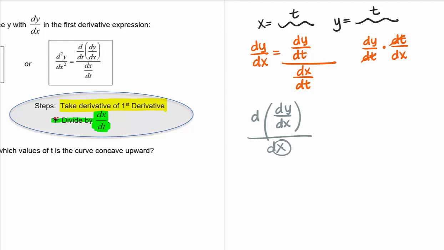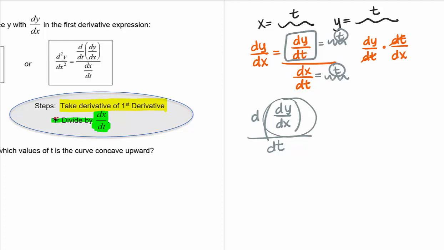Because if you think about it, this is dy/dt, so this is some curve with t's, and this is some function over here with t's. So this is not going to be a dx down here. These are actually with respect to t, because you're taking the derivative of what you got with respect to t.